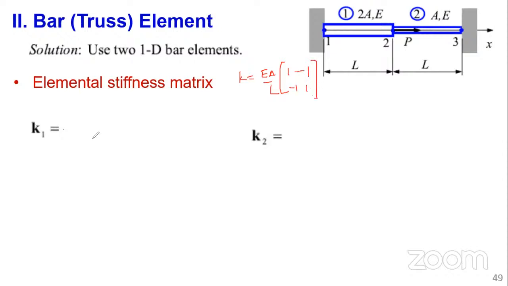Right? So basically, for the first one, K1, A is twice, it is 2A. So you have 2EA over L, then 1, minus 1, minus 1, 1. And basically K2 is just EA over L, times the same matrix.